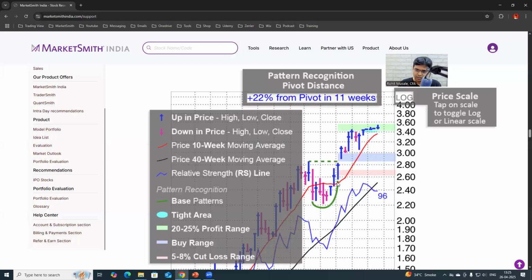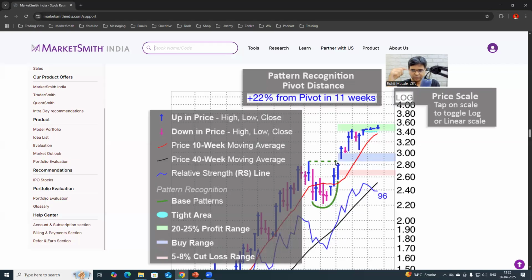The distance between the closing price and the pivot point could be anything. It could be 10%, 18%, 20%. It will always be less than 25% because in our filter itself, we have mentioned that the stock should not be more than 25% from the 52-week high. So whatever the distance between closing price and pivot point, it doesn't matter.